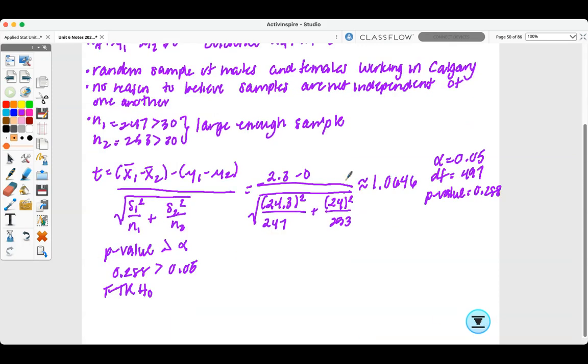There's not convincing evidence that the mean commute for male and female Calgary residents differs.